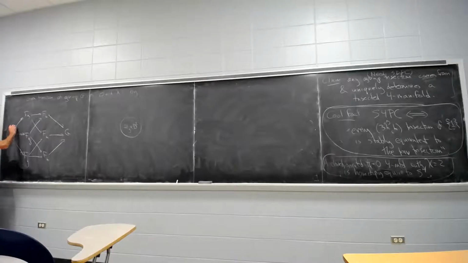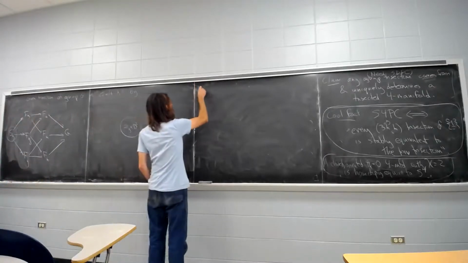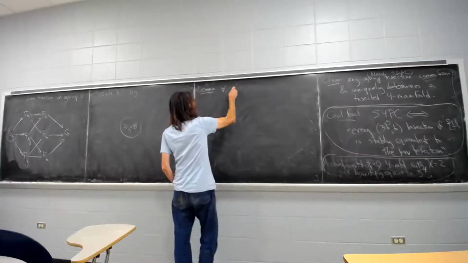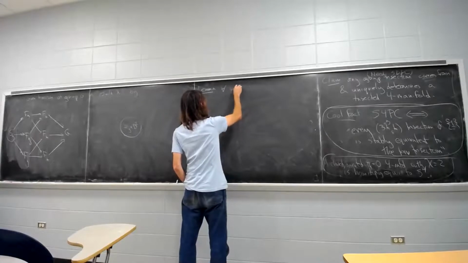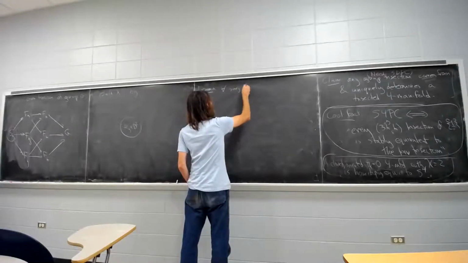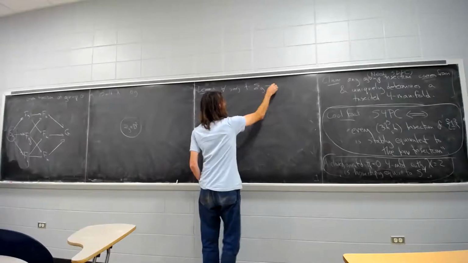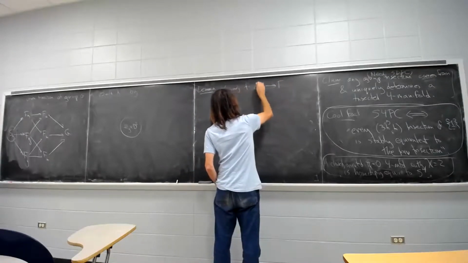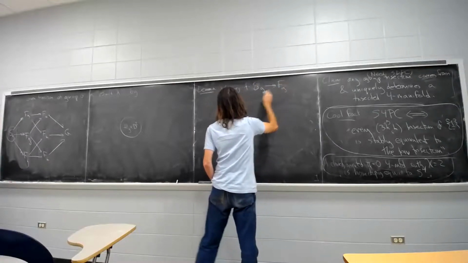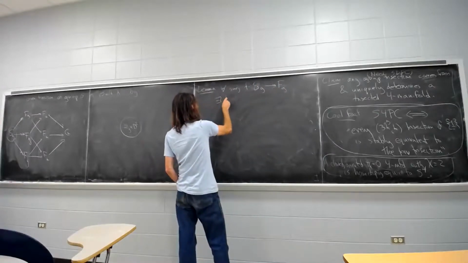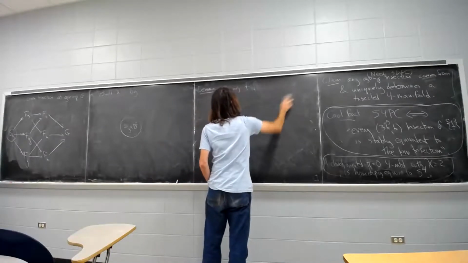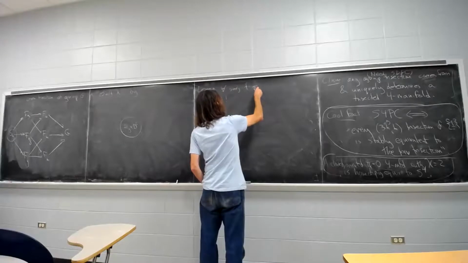So given this, the lemma is that for any surjective map F of a surface group SG to a free group of rank G, there's a unique... I'm going to write this way now, I'm writing it as pi1 of a surface.